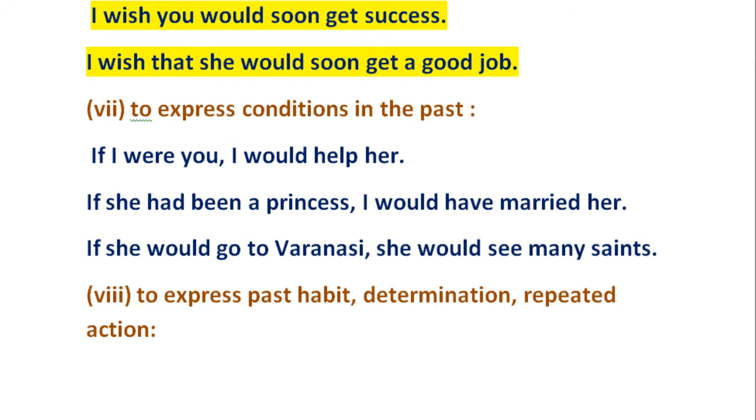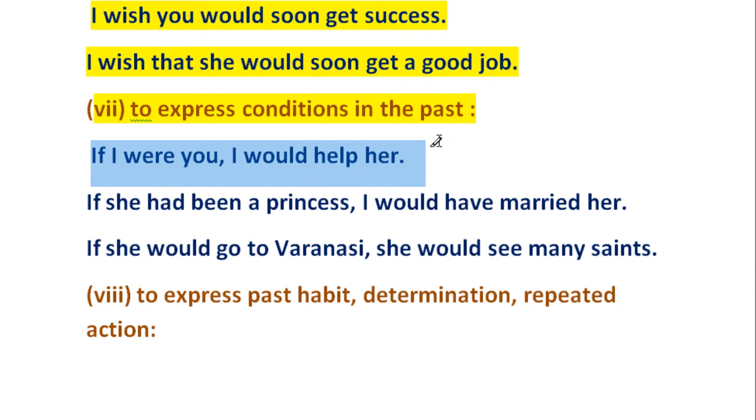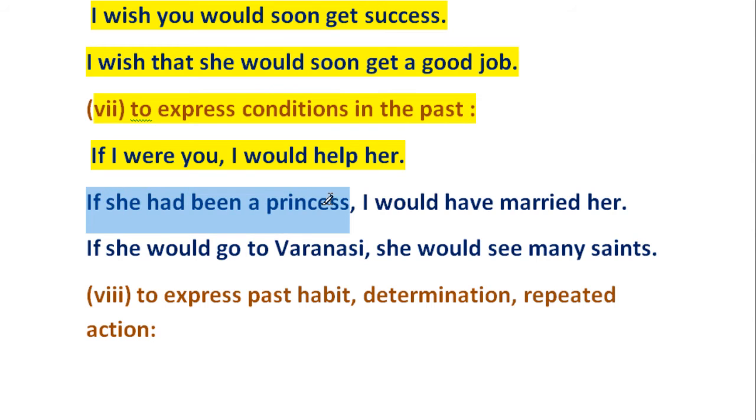The next use of would is to express conditions in the past. So would is used to express conditions in the past in conditional sentences. If I were you, I would help her. If she had been a princess, I would have married her.